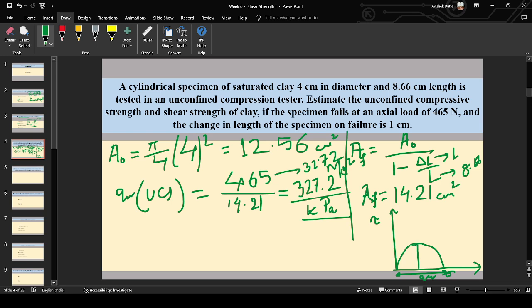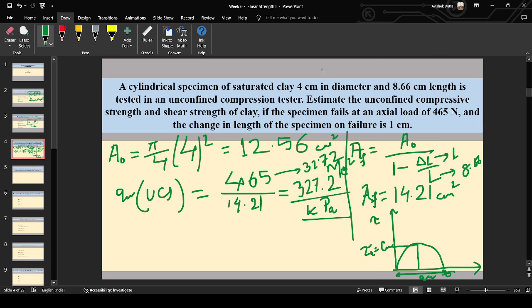Then that maximum shear stress is tau U, or it can also be said as Cu. Why Cu? Because we know that the unconfined compression testing machine is used for testing saturated clays only, and for saturated clay the friction angle is absent.